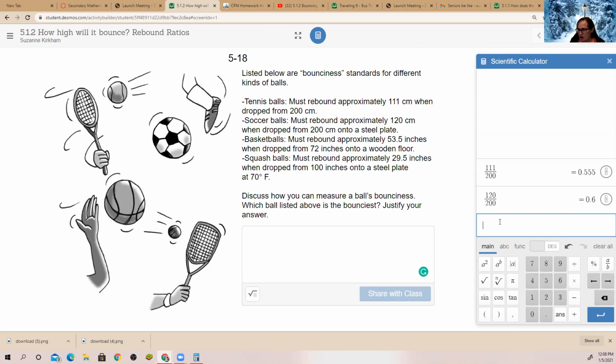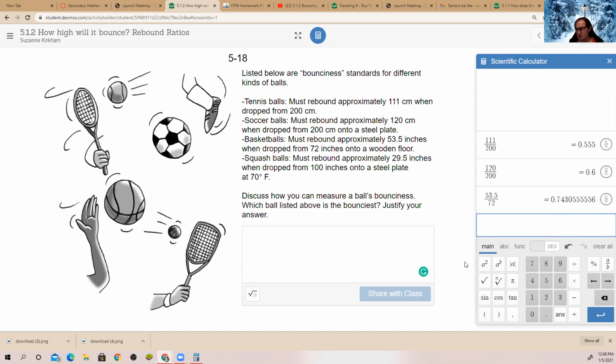All right, let's figure out what the basketball's rebound ratio is. So it is 53.5 inches when dropped from 72 inches. So 53.5 divided by 72 is 0.743. Okay, 0.743 is higher than 0.6.